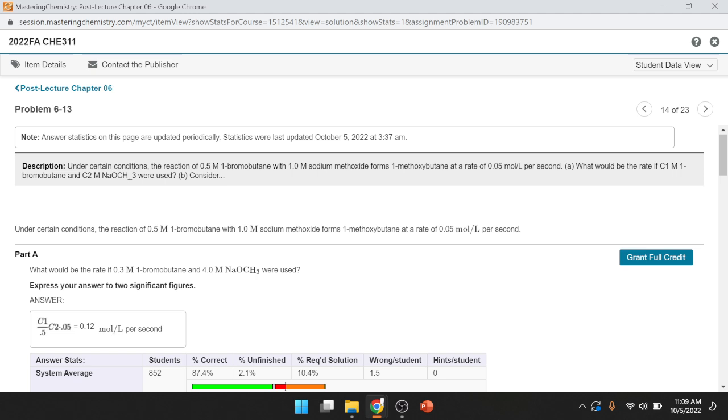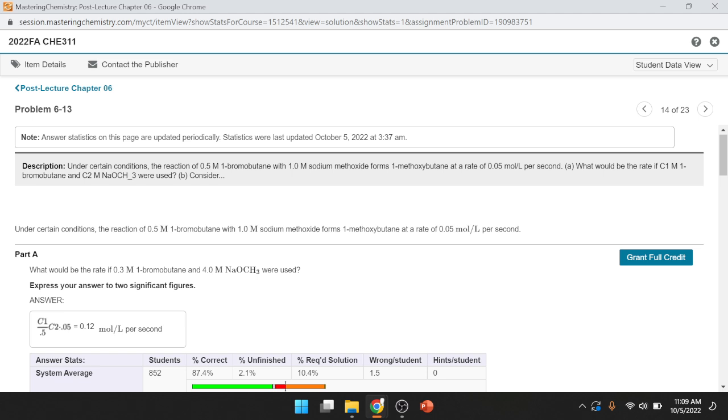Okay, so what I'm going to do is, my constants are always equal for these things, right? So what's going to happen is that I can solve my rate laws for my constants, right? So the K is on one side, and then the other side would be rate divided by the concentrations multiplied by each other.